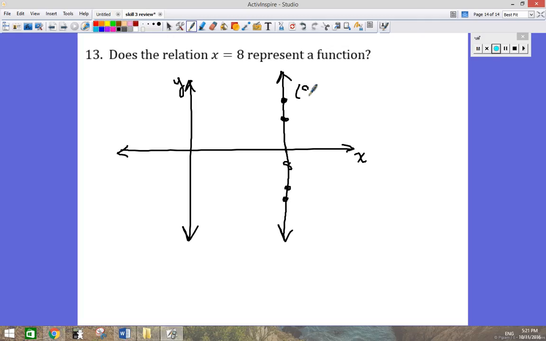Maybe this guy over here is (8, 5). Maybe this guy is (8, 4). Maybe this guy down here is (8, negative pi). Maybe this is (8, negative 5).